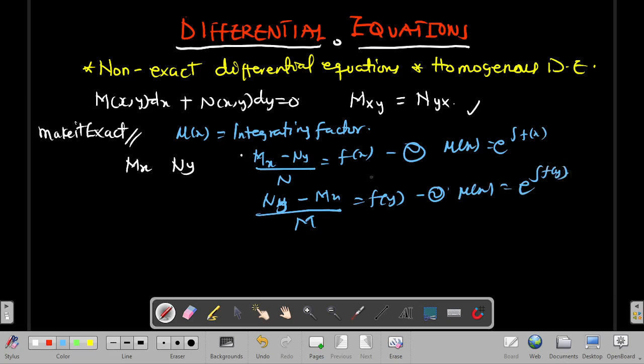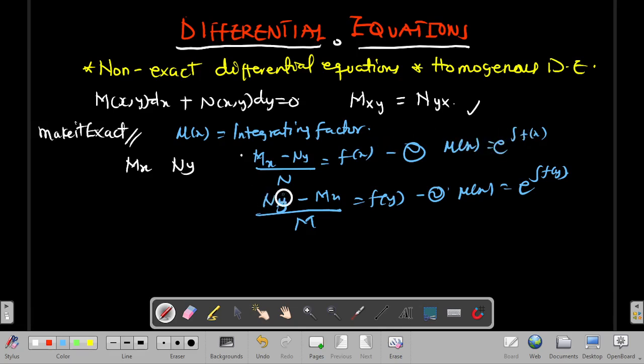Let me explain this. When you want to test for exactness, you always differentiate this with respect to y and this with respect to x. If they are not equal and you want to convert it to exact, then we are going to make use of these two derivatives we found. I will subtract N_x from M_y and divide it by N. I'm supposed to get a function of x, and when I take e to the power integral of that function, I get the integrating factor.